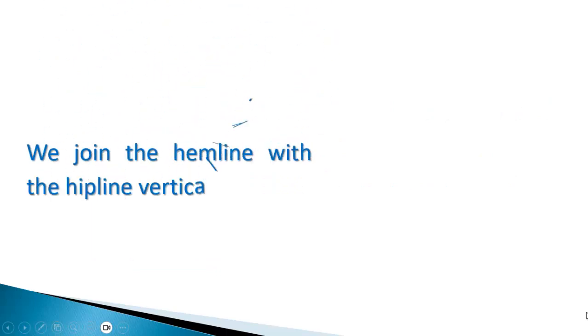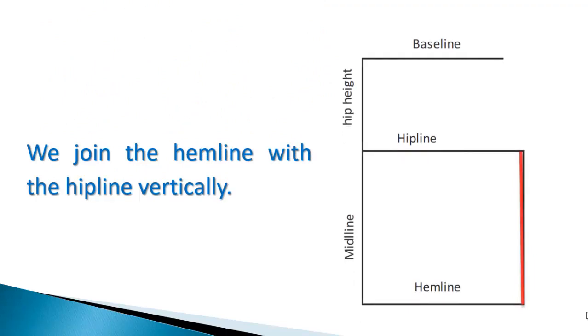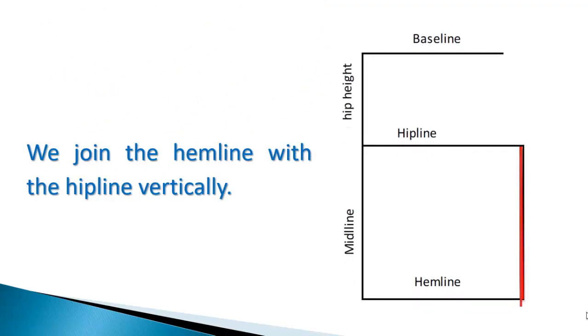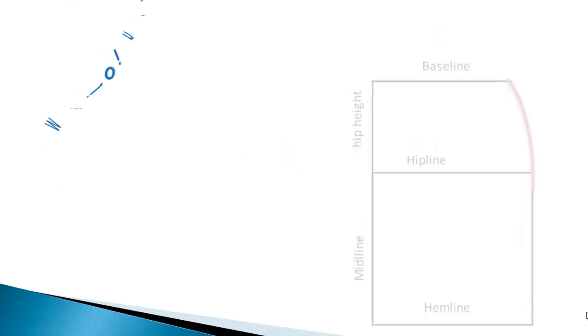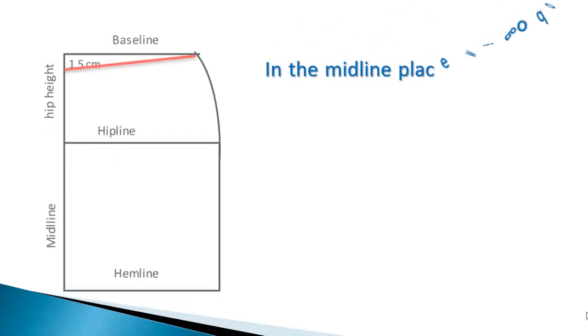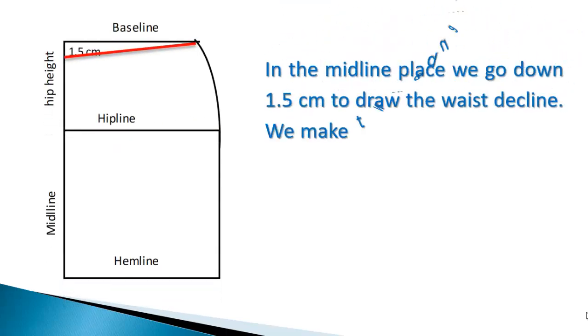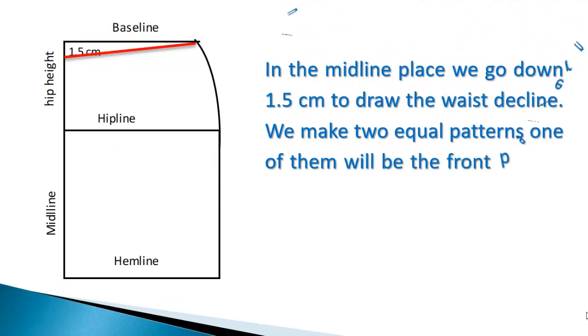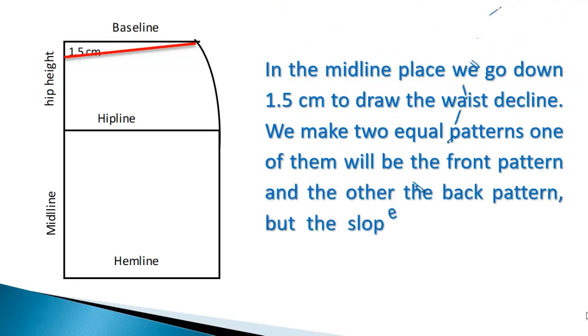We join the hem line with the hip line vertically. We join the hip line with the waistline, drawing a curve. In the middle, we go down 1.5 centimeters to draw the waist neckline.